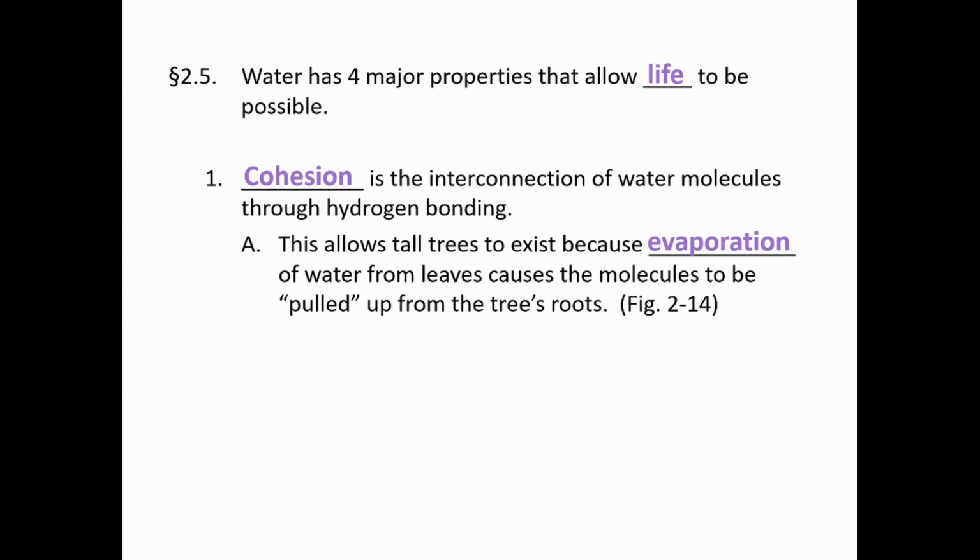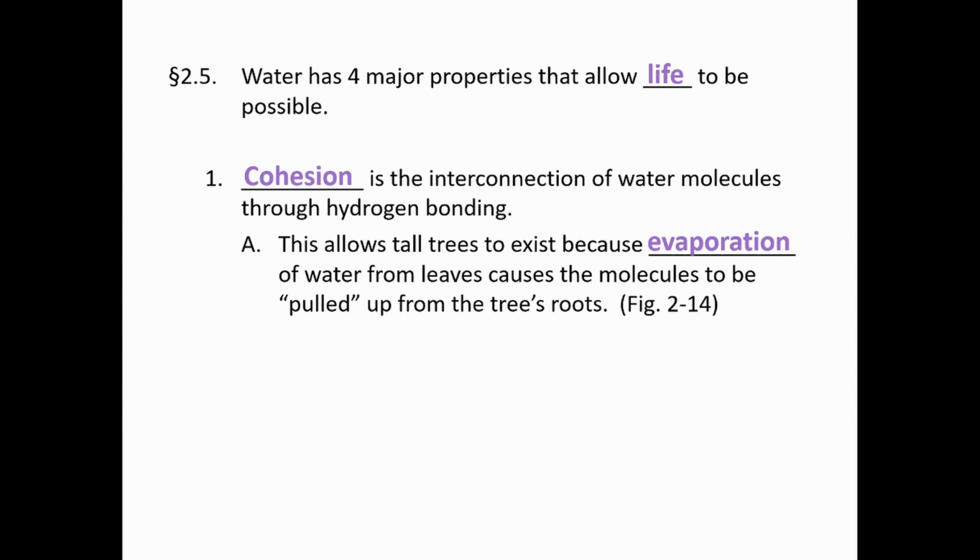Because of that, water is going to evaporate from the leaves throughout the tree, including at the top. As that water evaporates, it's actually going to pull water molecules up behind it. So it's like a constant stream of water molecules going from the roots up through the trunk, up through the branches to the leaves. And that water column basically never stops.